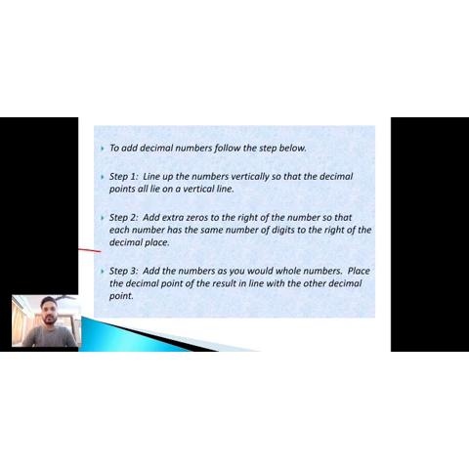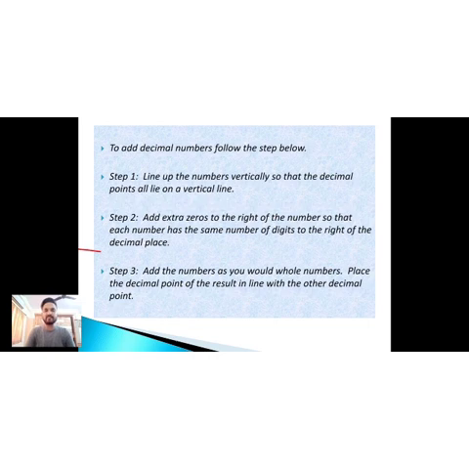Add extra zeros if necessary to the right-hand side of the number so that each number has the same number of digits to the right of the decimal point. Step 3. Add the numbers as we would add whole numbers. Place the decimal point of the result in line with the other decimal points.